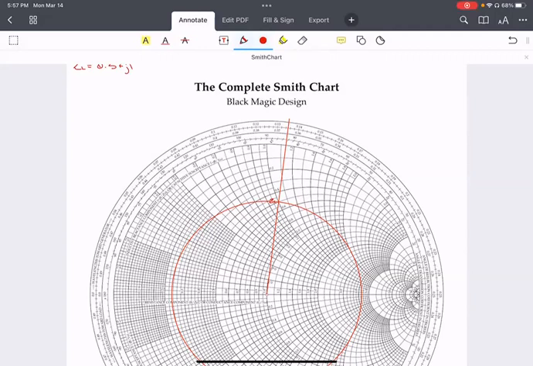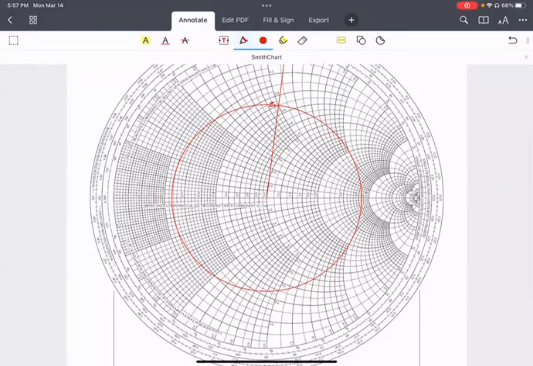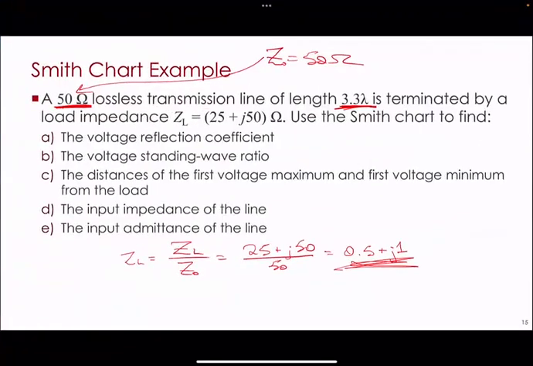So I think you just calculated the magnitude of the reflection coefficient. Let's avoid any confusion here. Let's do it in order. Let's do part A. Part A is the voltage reflection coefficient. Remember, the voltage reflection coefficient is the gamma.